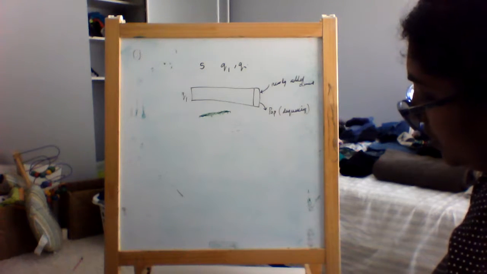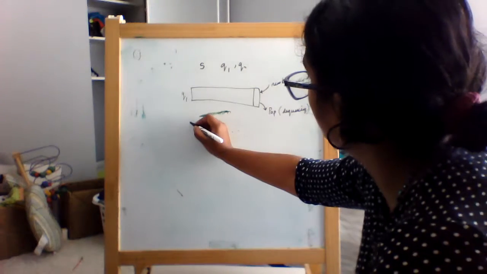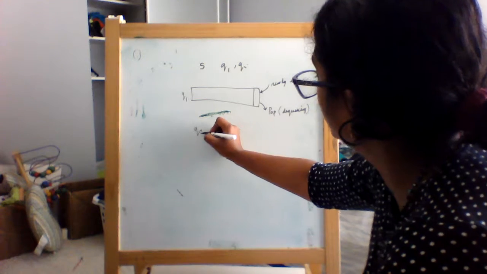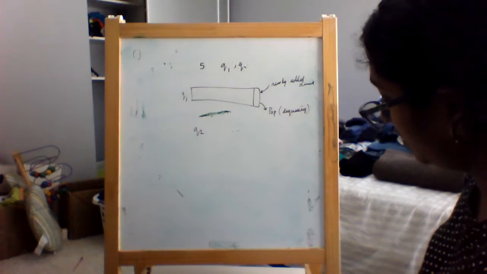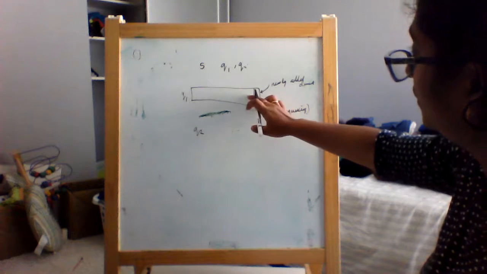So Q2 is used such that every newly added element goes in front of Q1.